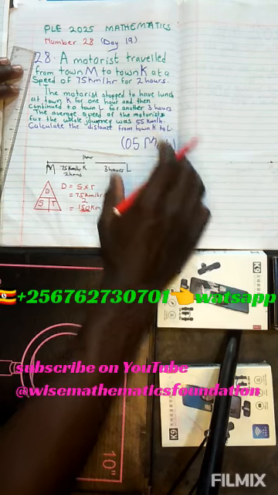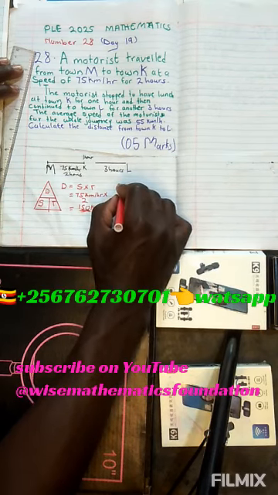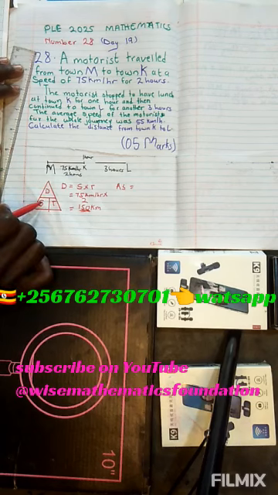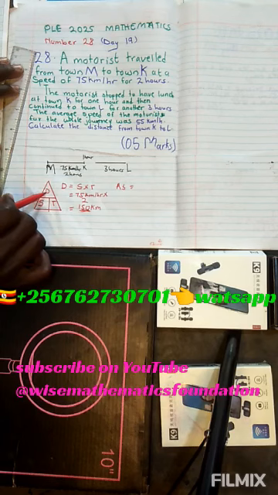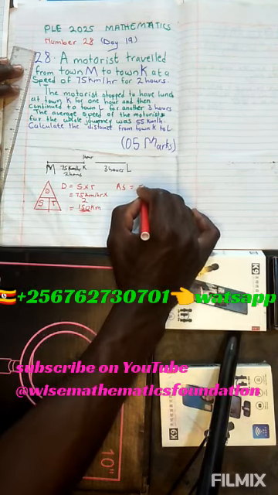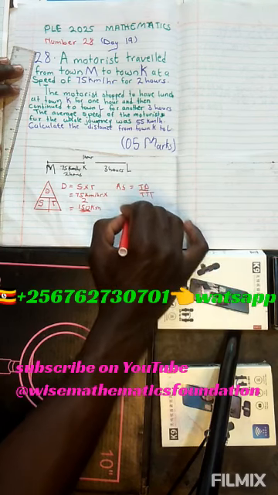So what is the formula for getting average speed? Average speed equals, you come back to our triangle. Where is speed? To get speed is just distance over time, but for the case of average speed, it is just total distance over total time taken.